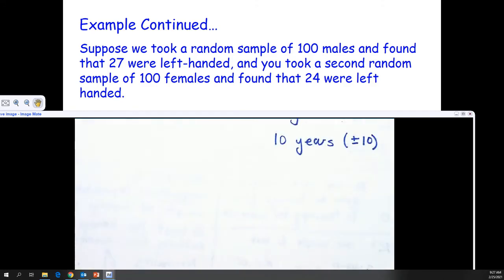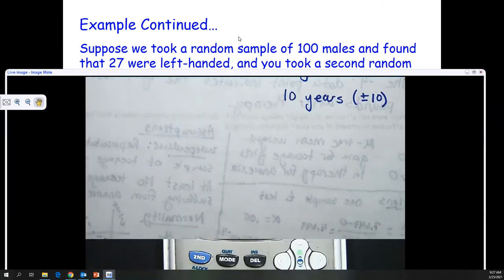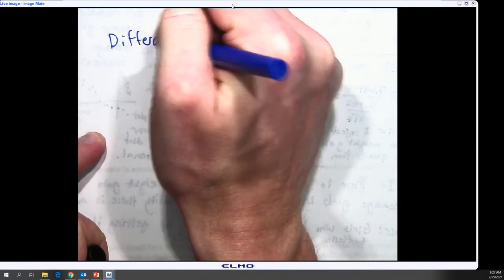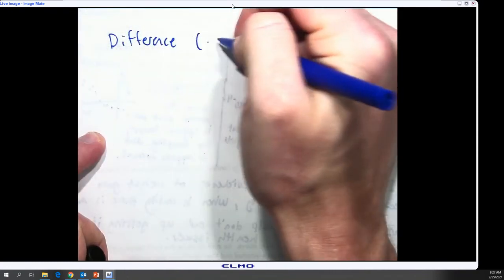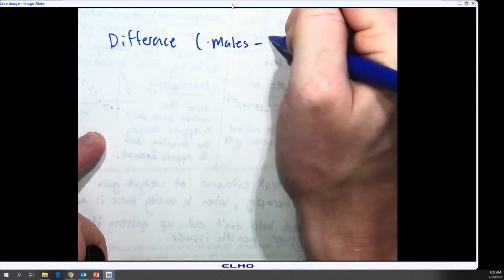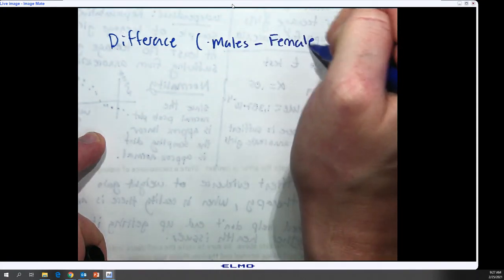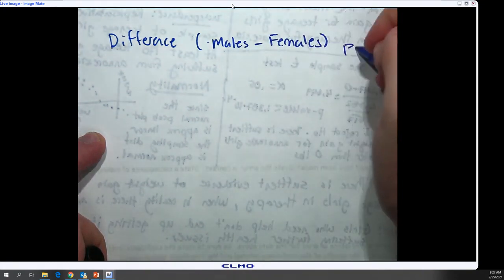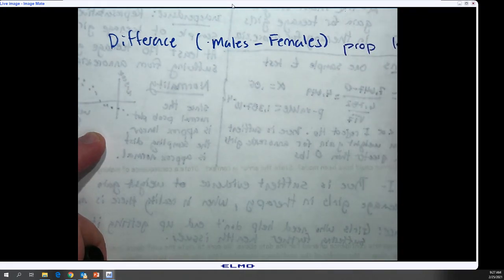What they did, let me scoot this up. We just said we want to know the difference in proportion. So difference, which means subtraction, so males minus females in proportion of left-handed. I'll call them lefties.